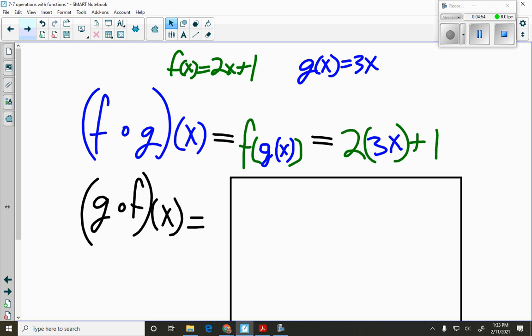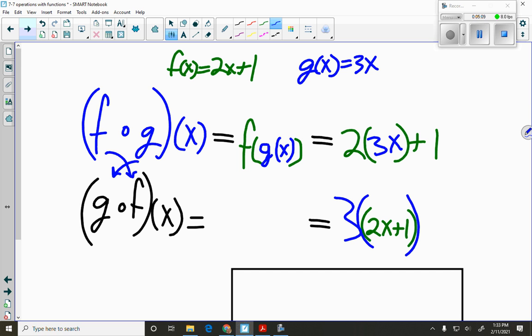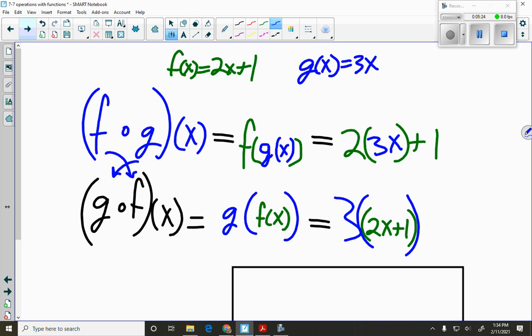Now, the interesting thing about this is down here, you can flip the order. If I flip the order and move the g out front and the f here, now I'm going to take the f of x and put it inside the g of x. So we're going to have the f of x inside the g of x, if that makes sense.